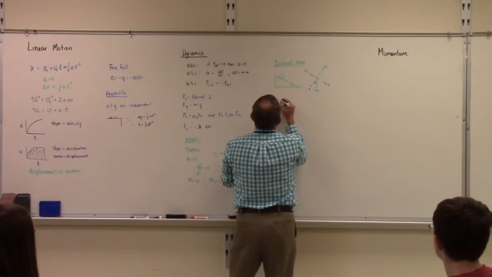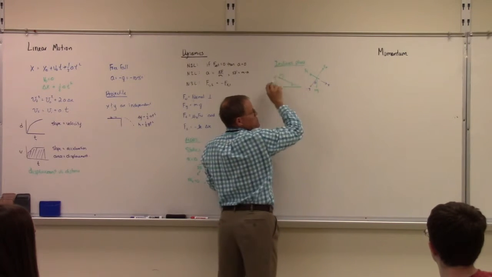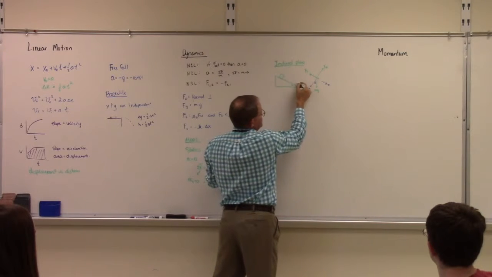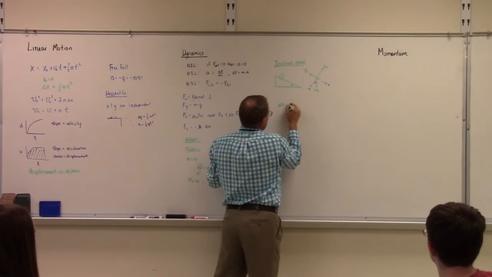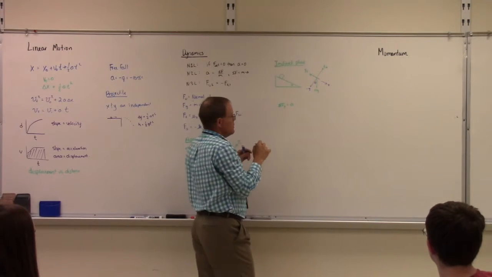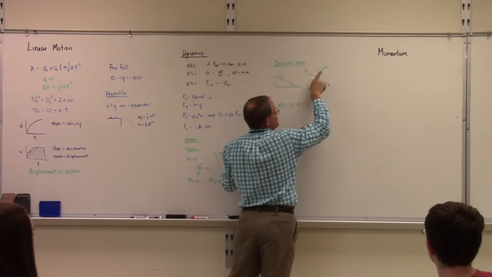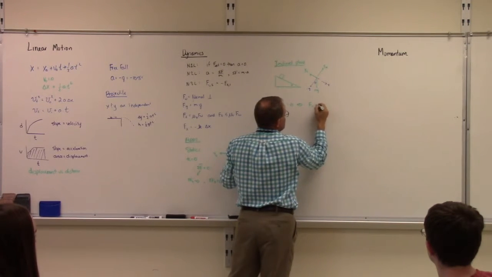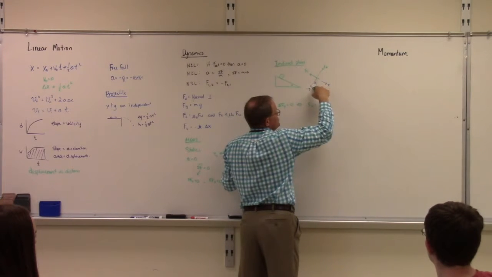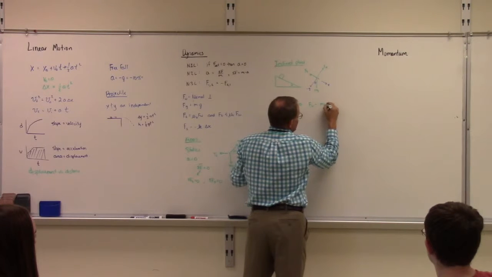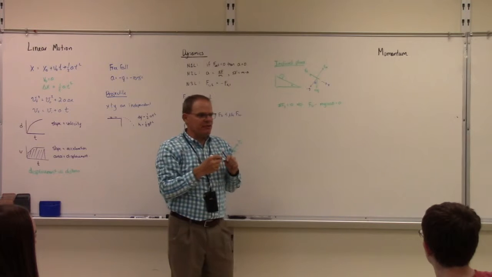Okay, so in this case here, the block does not accelerate in this direction. That's why we made the direction of acceleration x. All the acceleration is in the x. So we can say the sum of the forces in the y direction must be 0. And that gives us the condition that the force in the positive y direction, the normal force, minus the component of gravity in this direction, which is mg cosine theta, must equal 0, because it does not accelerate in the y direction.